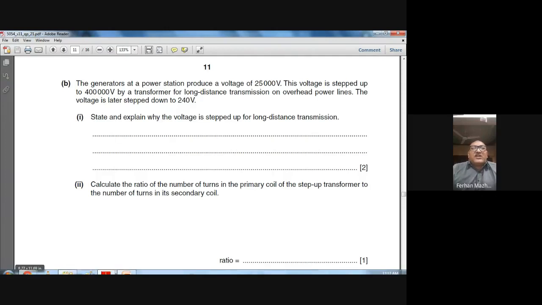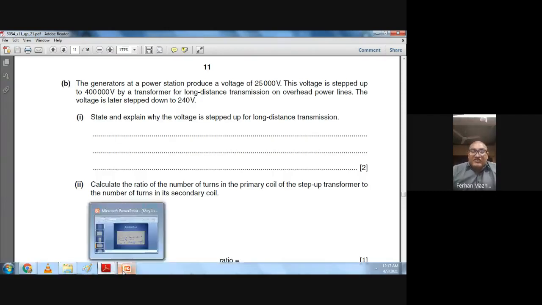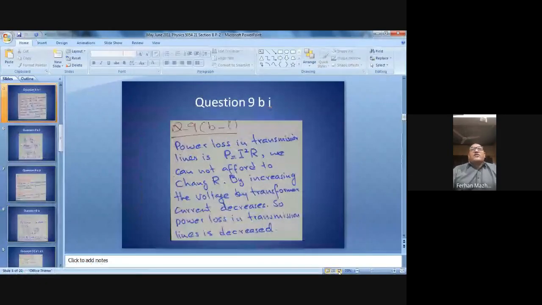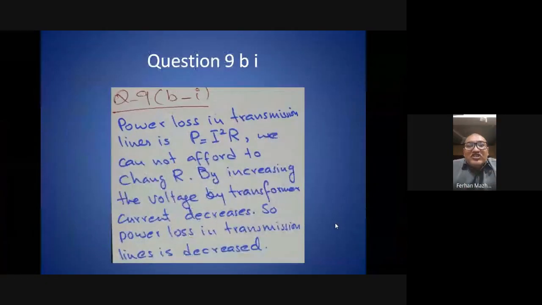So let's check what I have written. Let me show you my answer. And here on your screen, the power loss in transmission lines is P equals I squared R. We cannot afford to change R. You can reduce the power loss by reducing the R value, but we cannot afford it. It's very expensive.